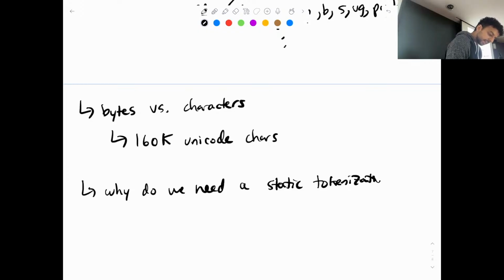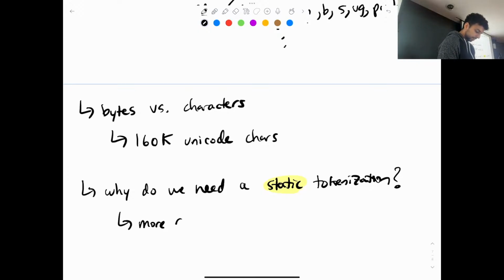Static meaning after I run these 32 or 64K merges on my byte or character sequence, I have a fixed vocabulary, and that's what I'm going to use to segment any text. More recent approaches have looked at dynamic tokenization.